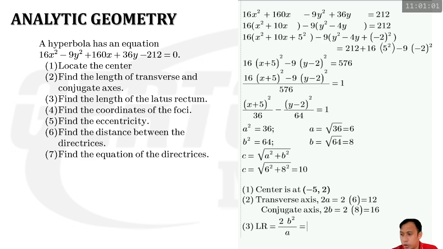So that is equal to 2 times 8 squared over 12. Is it 12 or 6? It's 6, so 21.33. That's the LR.